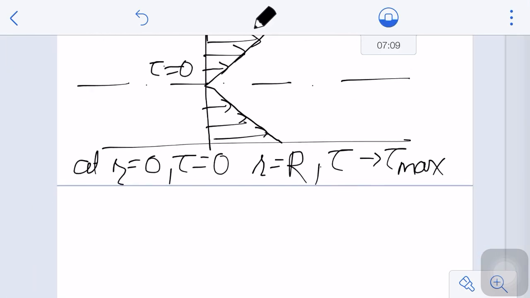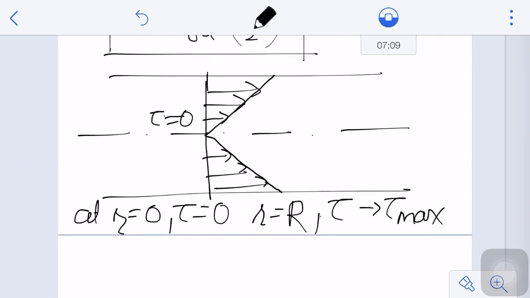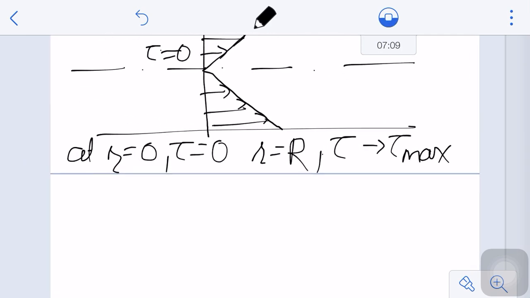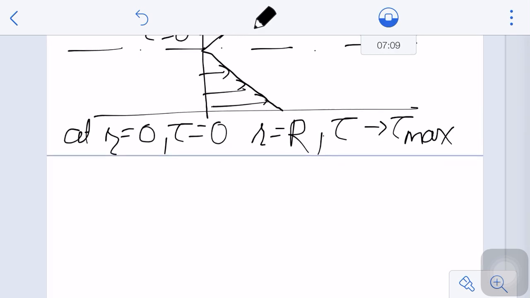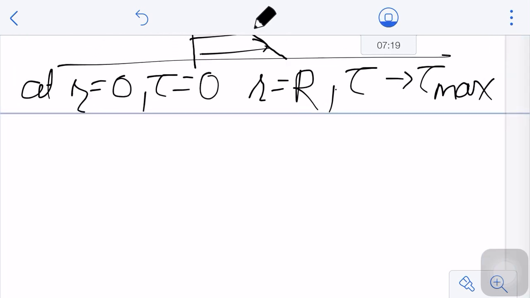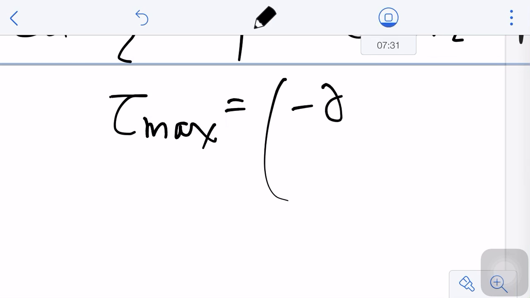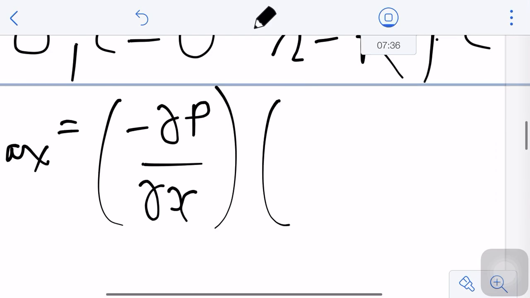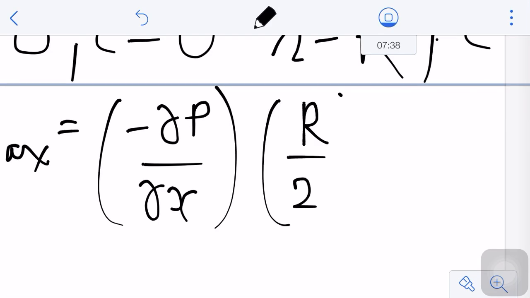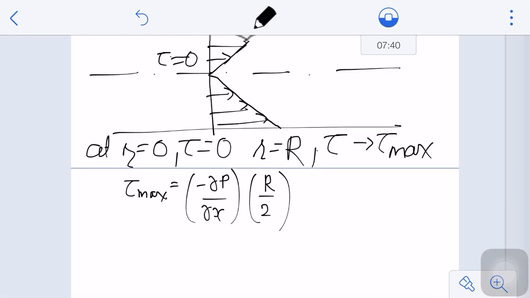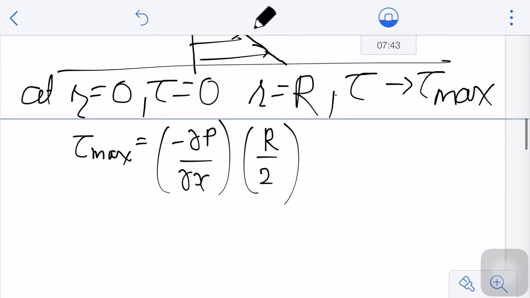So the shear stress value is maximum at the boundary or the surface of the pipe, and it decreases as you move away from the boundary, becoming 0 at the center of the pipe. Using this condition, when small r is equal to capital R, we can also get the formula for tau max. So tau max would be equal to minus curly p upon curly x into capital R by 2. So this is the case of shear stress distribution.